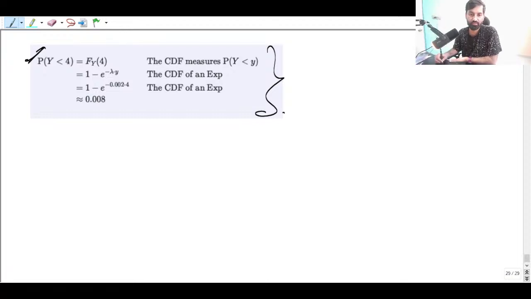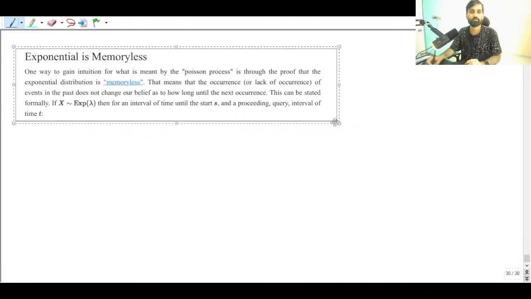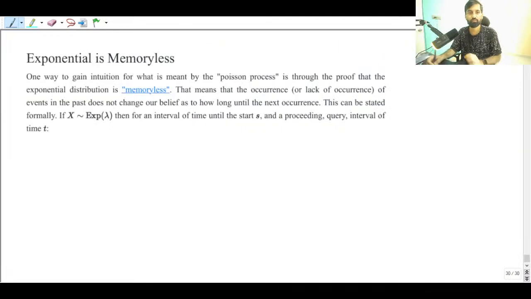Okay, so that is a very important property in the case of the exponential. Okay, so the exponential is also memoryless. So the exponential is memoryless, guys.